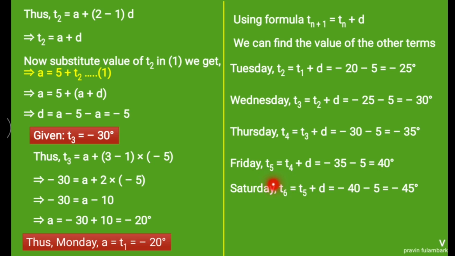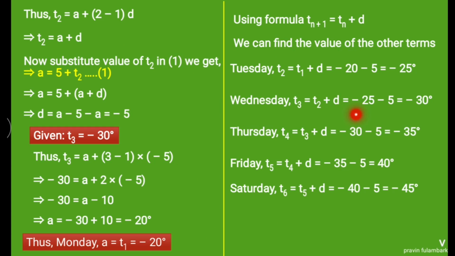Friday, T5 equals T4 plus d, minus 35 minus 5, so minus 40 degrees. Then Saturday, T6 equals T5 plus d, minus 40 minus 5, that is minus 45 degrees.